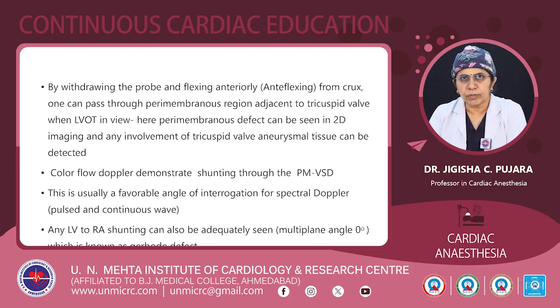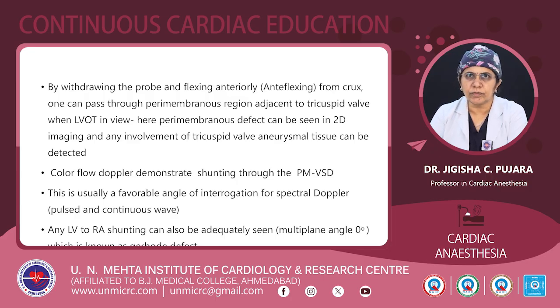By withdrawing the probe from that position and anteflexing it from the crux, one can pass through the perimembranous VSD region, adjacent to the tricuspid valve, when the LVOT comes into view.